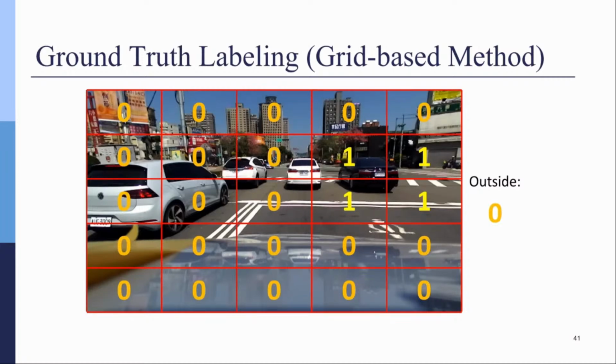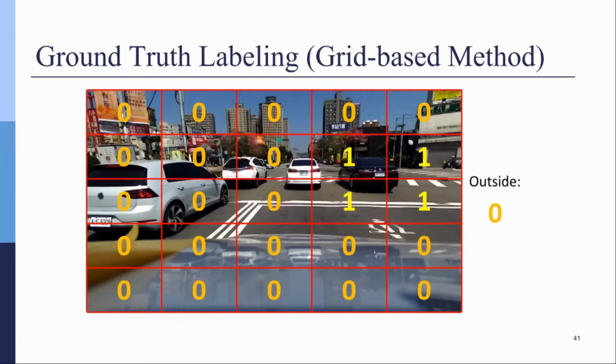Since BI is sent by the black car, the ground truth shall be like this. The grids which contain the black car, the value will be 1. Other grids will be 0.